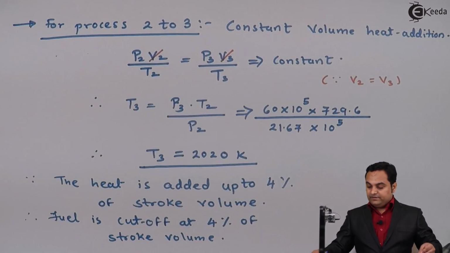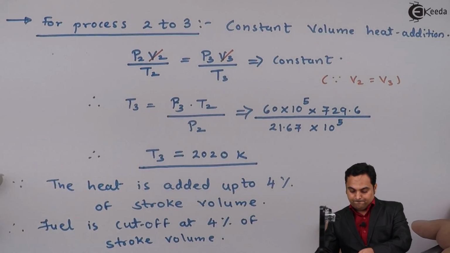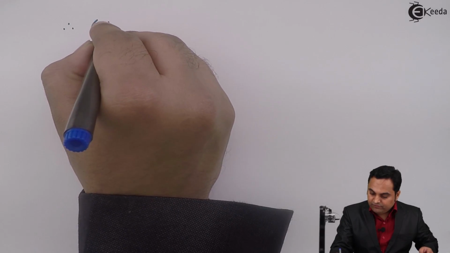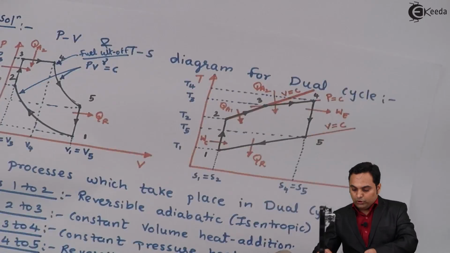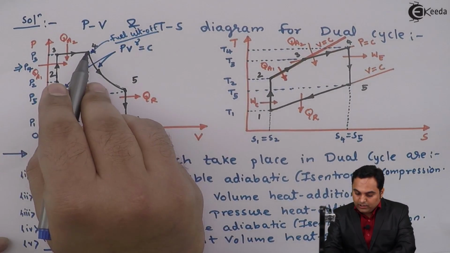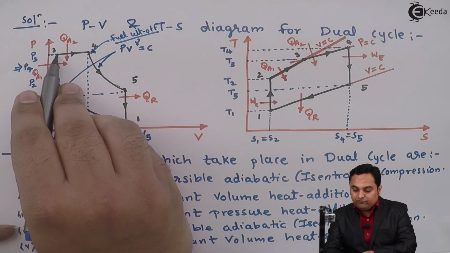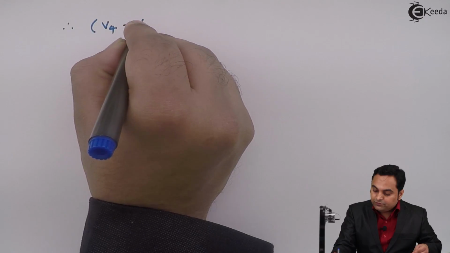Now I can write this statement in such a way that V4, that is volume after the cutoff, to the volume before cutoff, which was V2, and here I can even say V2 is equal to V3.